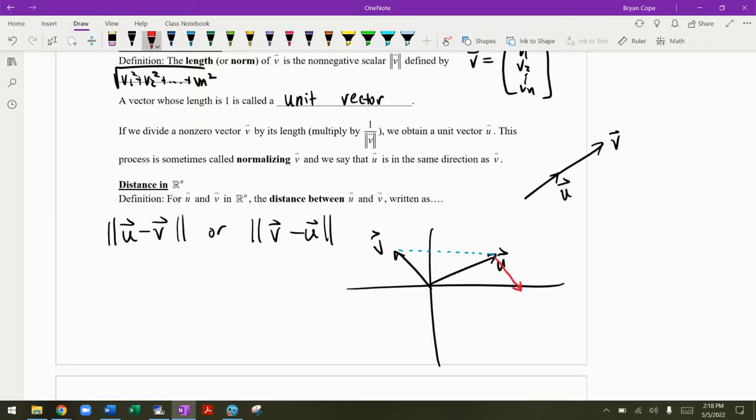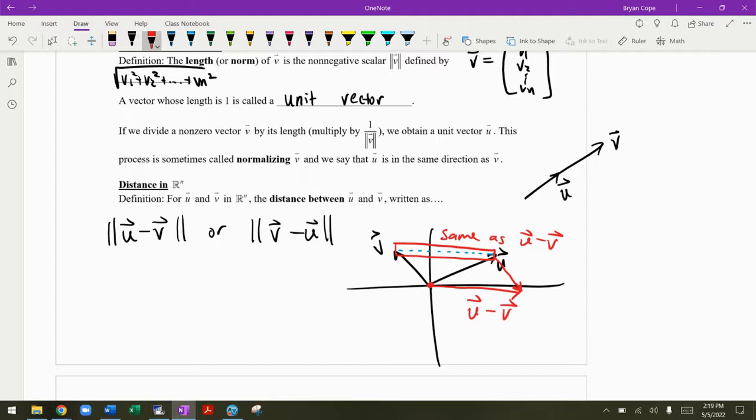And then if you go from beginning to end, you start here at the origin and head out to here. This vector is the vector u minus v, and its magnitude is the same as this one up here. And so if we're interested in the distance between two vectors, we can just subtract them and then find the magnitude. That's our distance. This is just by this parallelogram thing.